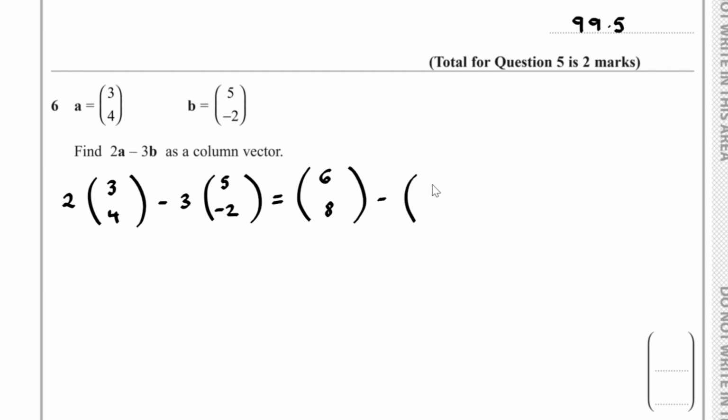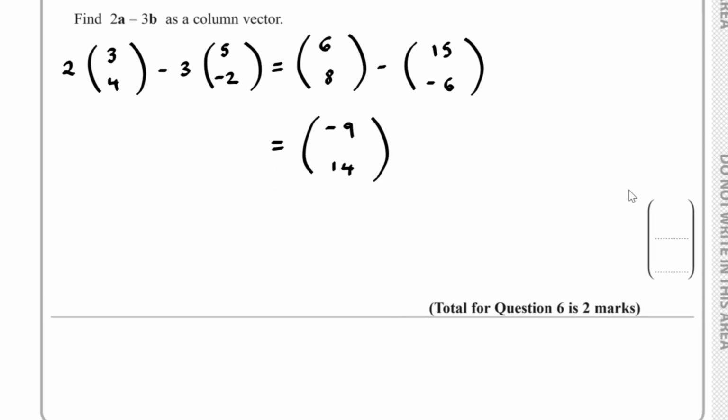Well, 3 times 5 is 15, 3 times negative 2 is negative 6. So if I work this out, 6 minus 15, that's minus 9. 8 minus 6, that's 8 plus 6, which is 14. And so our vector is (-9, 14).